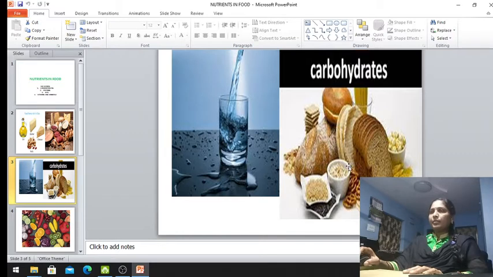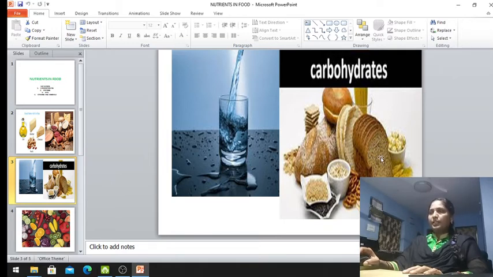Cereals are nothing but the grains like rice, wheat, jowar, these are all known as cereals. So the food items which are made from cereals are known as carbohydrates. They contain a nutrient called carbohydrate.